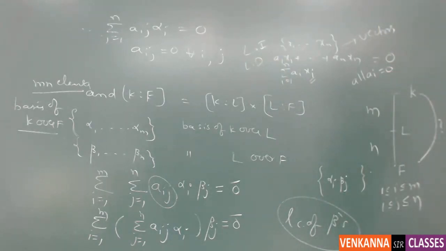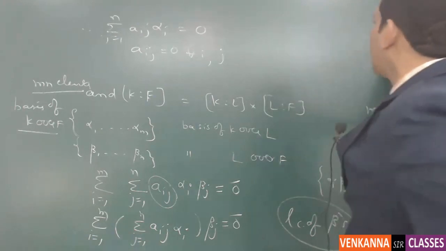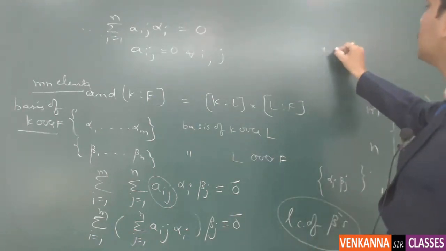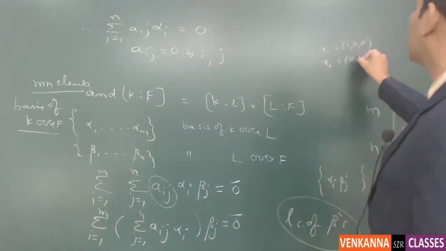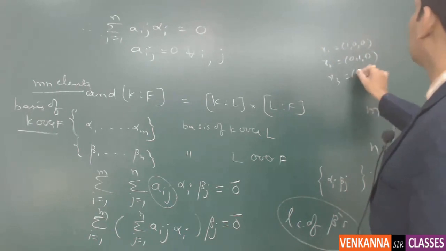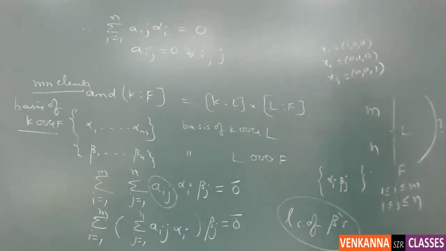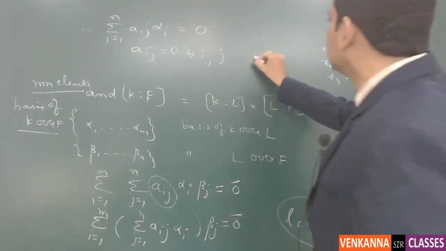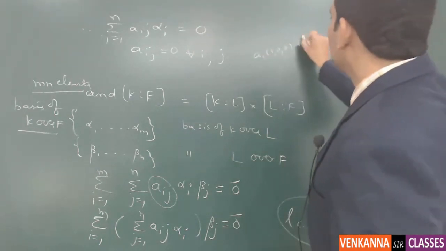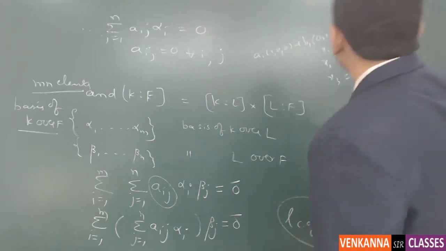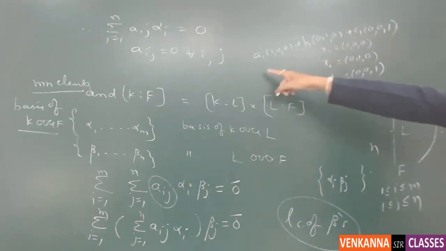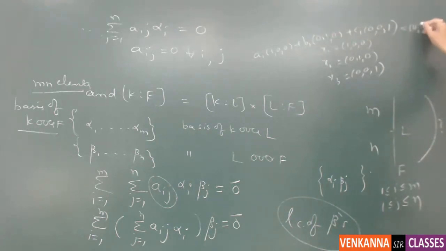That was the underlying idea. So let me say, in a small notation, I have taken x1 equal to (1, 0, 0), x2 equal to (0, 1, 0), x3 equal to (0, 0, 1). So what is meant by linear combination here? a1 into (1, 0, 0) plus b1 into (0, 1, 0) plus c1 into (0, 0, 1). And I am saying that if you simplify the entire thing, you will get a zero vector. Now, what is the possibility for a1, b1, c1?